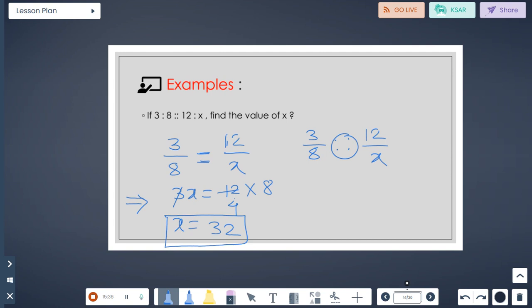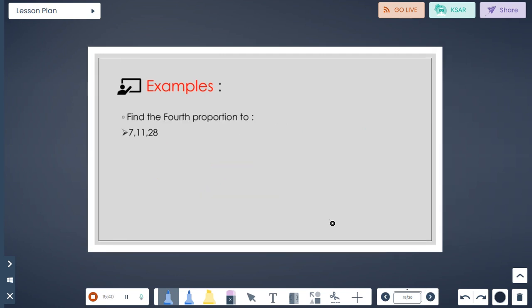Next question. Find the fourth proportional to 7, 11, 28.